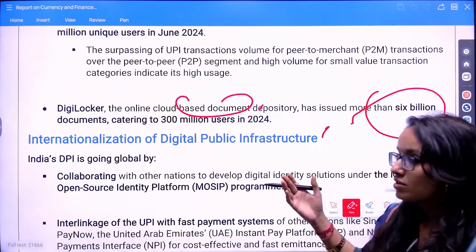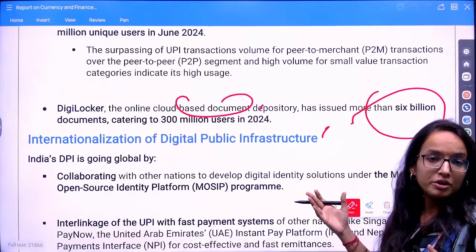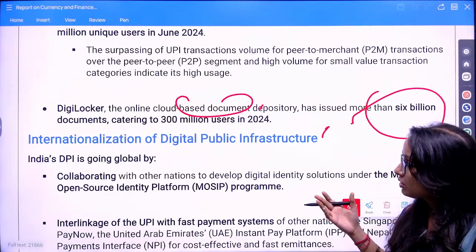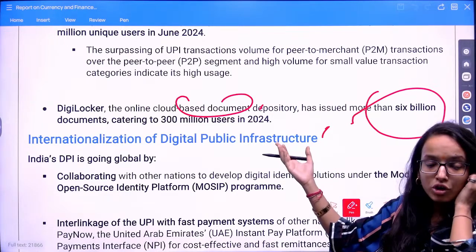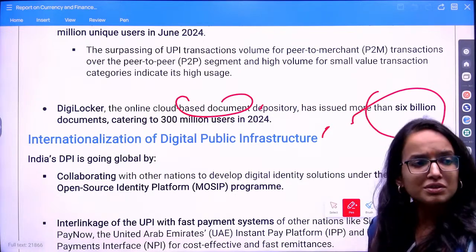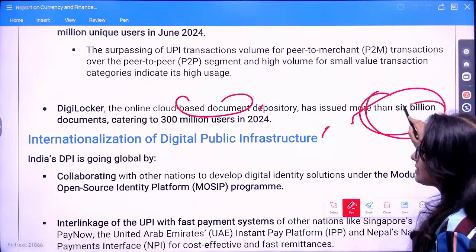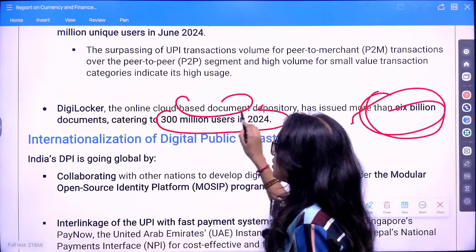Apart from UPI, DigiLocker has also contributed successfully to the expansion of India's digital public infrastructure. The online cloud-based depository for documents is there. Now you can access your documents from anywhere, right? DigiLocker has issued more than 6 billion documents, which have catered to 300 million users in 2024.